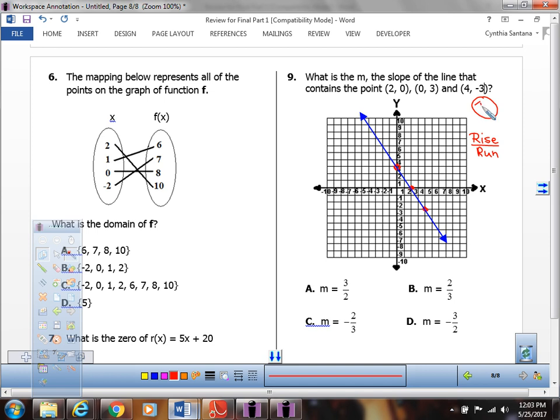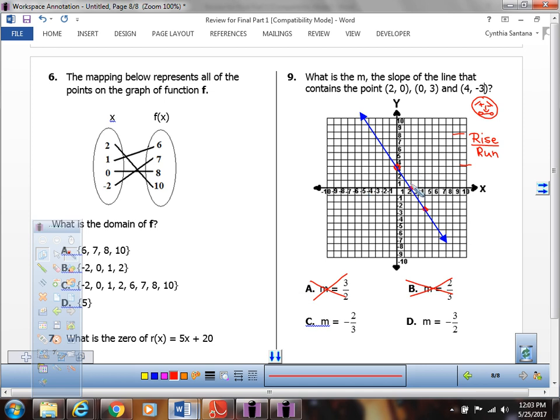Remember slope guy, the line going up is positive, line going down is negative, and that's what this is doing. If it would have been a vertical line, it would have been undefined, and a horizontal line would be 0. But this is definitely a negative rise over run. So that's what we need to keep in mind. So this is going to be a negative. Already we can cross out what? A and B.